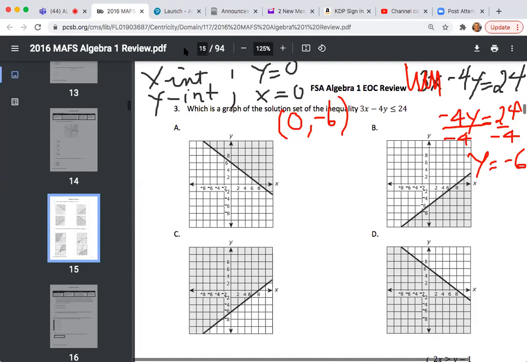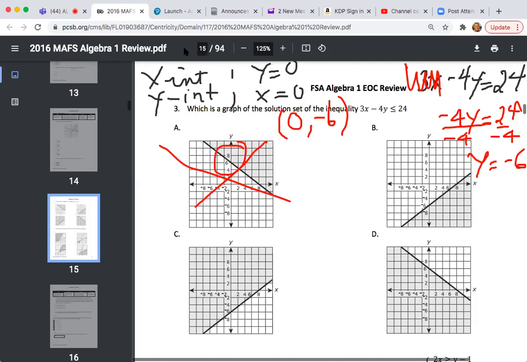Okay. Elisha, the y-intercept is negative 6. So since the y-intercept is negative 6, you want the graphs that have a y-intercept at negative 6. If it doesn't have a y-intercept at negative 6, it cannot be the correct answer. So there goes letter A, because the intercept is at positive 6.